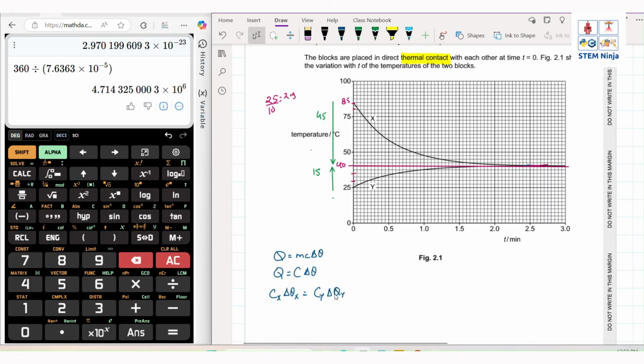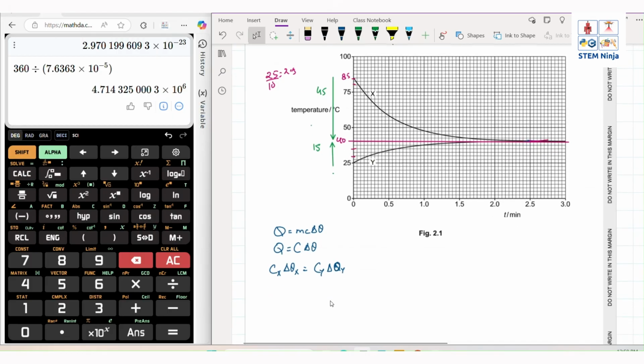This is not Q, this is theta. So the heat capacity relationship is theta y over theta x. So theta y is basically just 15, and this is 45, so this is 1/3.